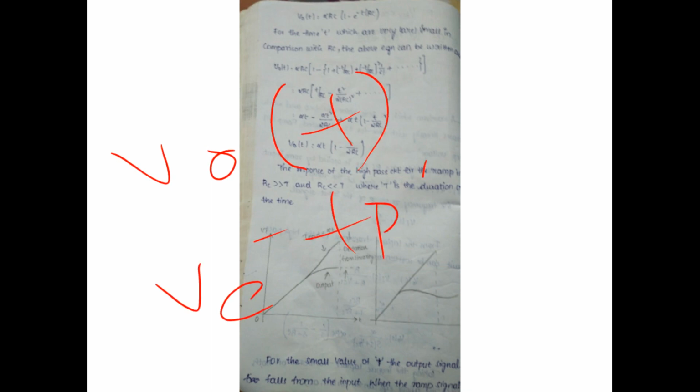In the RC less than TP condition, the output expression is V naught of t equals V e power minus TP by RC minus V. That means the output signal is rising exponentially with decreasing voltage level. So this expression is for the RC less than TP condition.